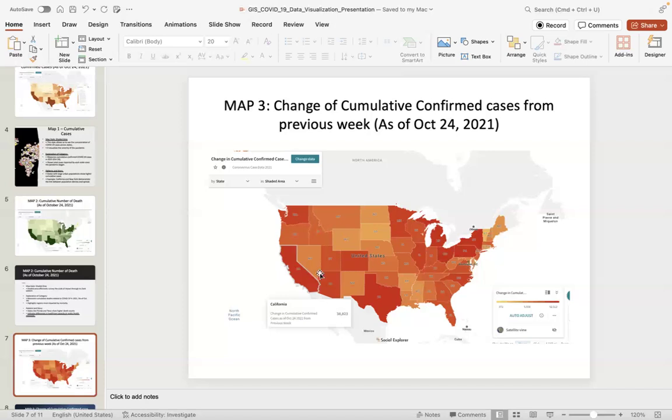In California alone, 38,823 people had confirmed cases in just one week. That number was also very high in Texas, Pennsylvania, New York, Florida, Ohio, Michigan, those kinds of states, and it was really bad.